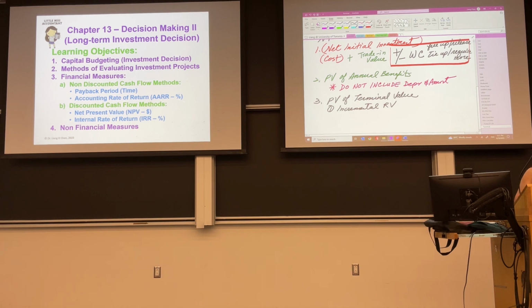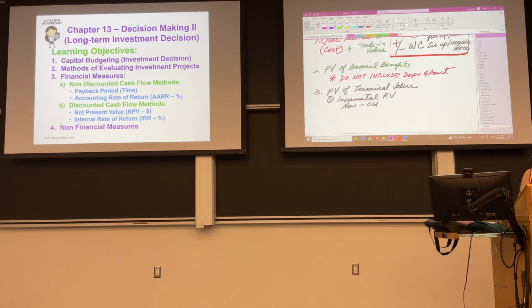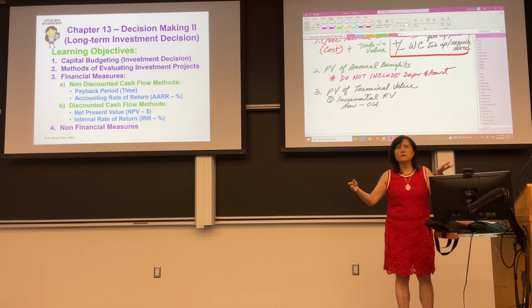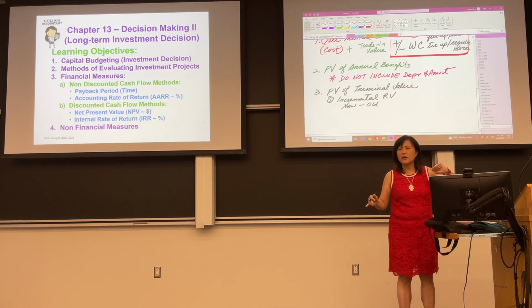So what happened is, you have an old machine or old equipment. You're thinking to buy a new equipment. Okay? So you compare the new minus the old. The old machine may give you 5,000 residual value. The end of the 10th year, you get $5,000 back.